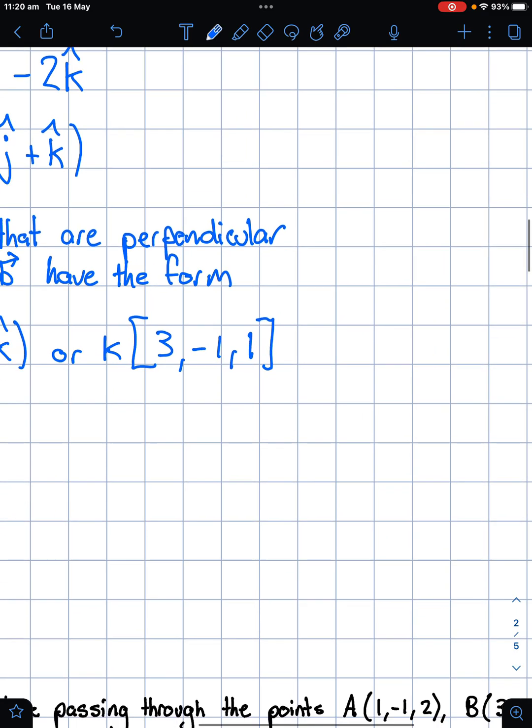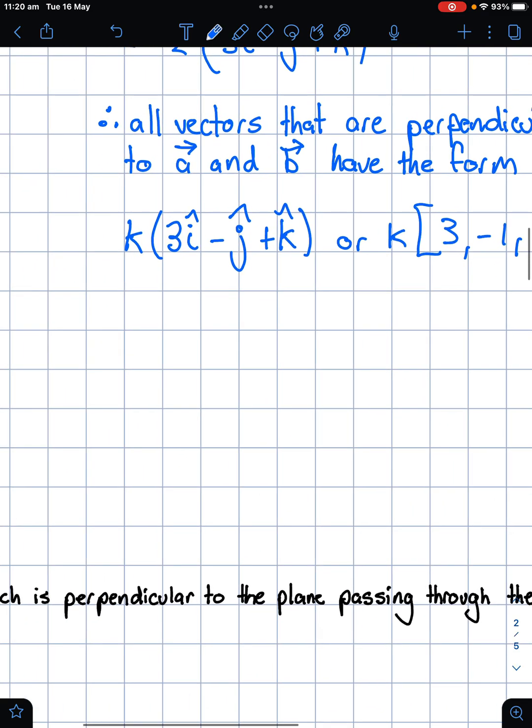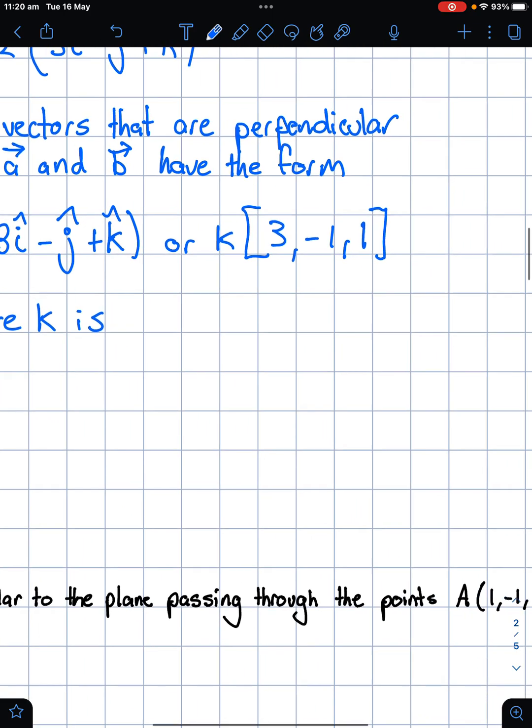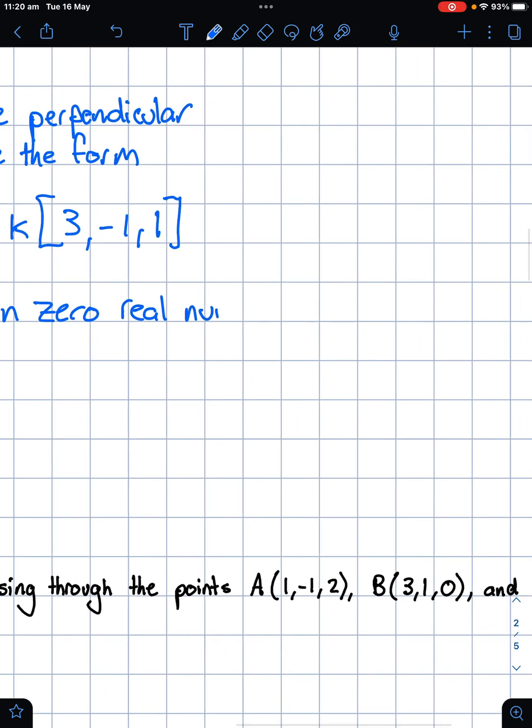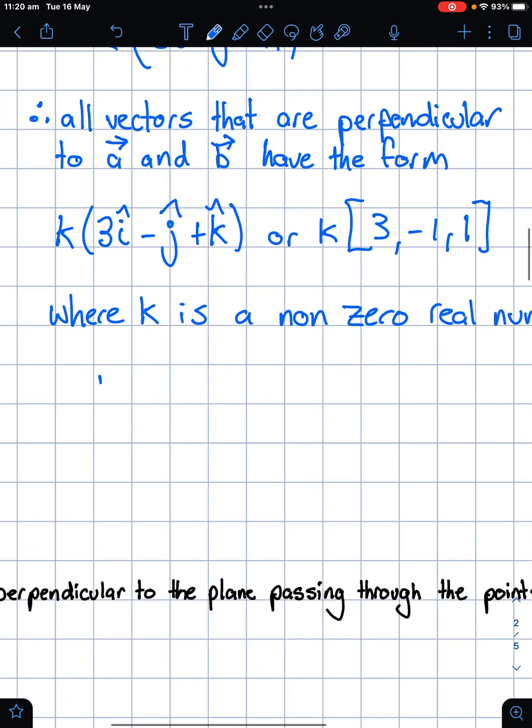So either of those notations is fine. Where K is a non-zero real number, or we could write that as K is a real number. K cannot equal 0.